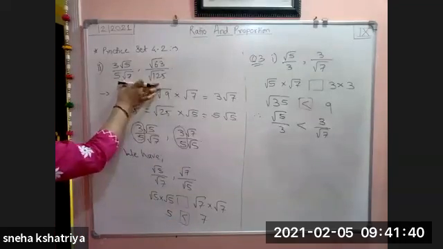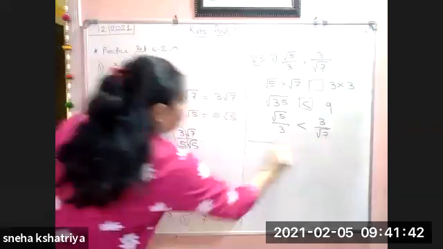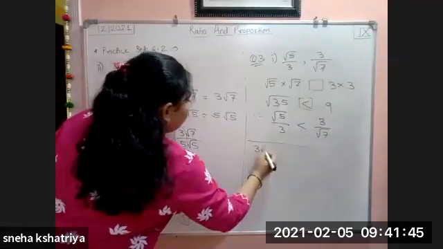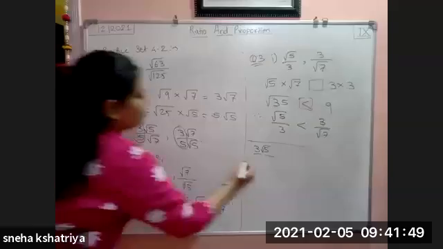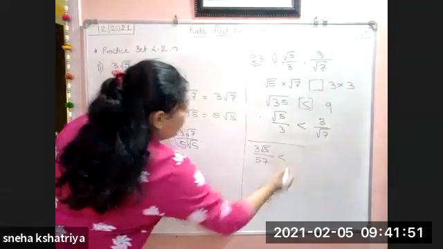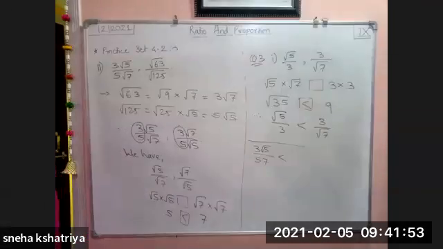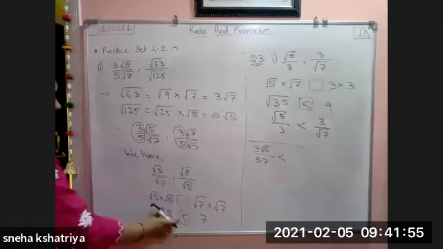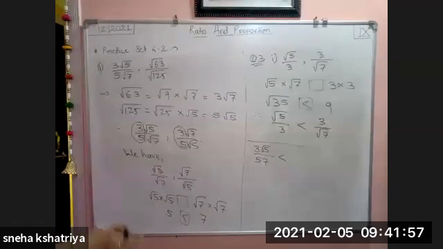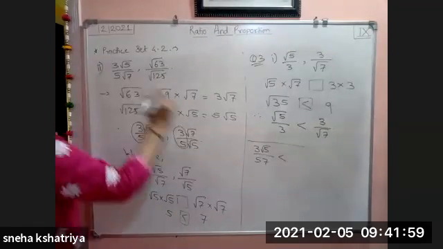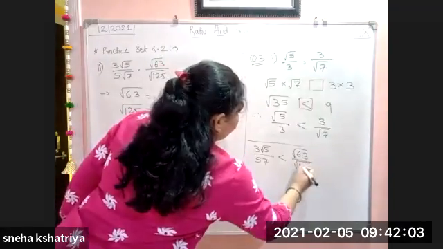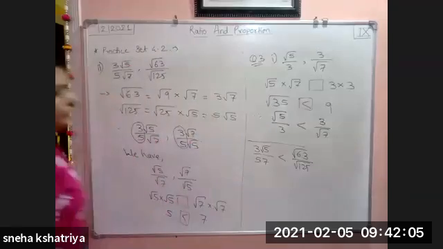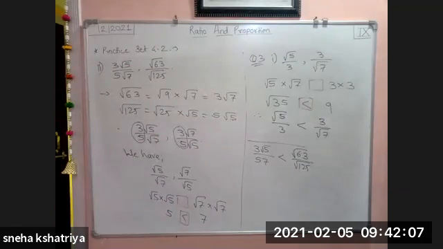So what is given here? 3 root 5 divided by 5 root 7 is less than root 63 divided by root 125.